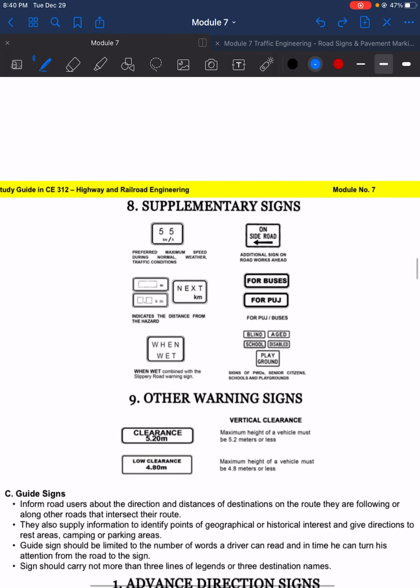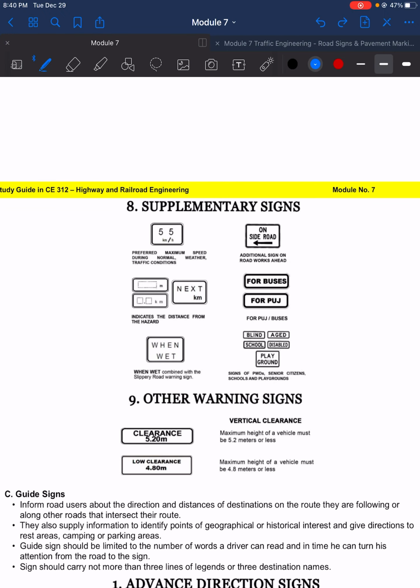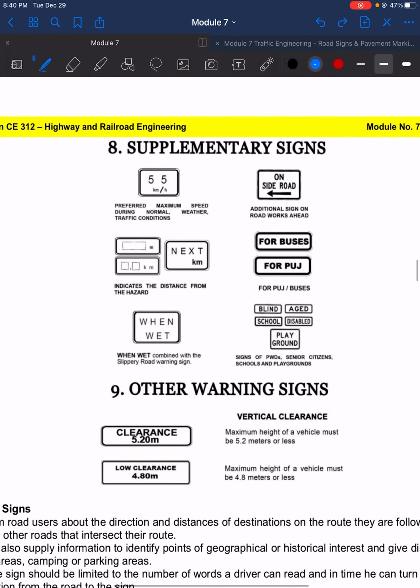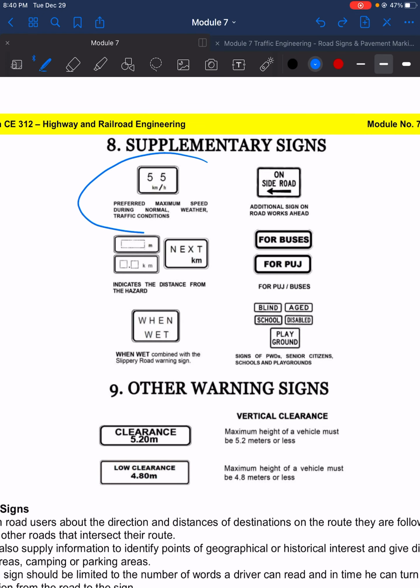Next, we have number 8, the supplementary signs. So here means preferred maximum speed during normal weather traffic conditions. On side road, additional sign on roadworks ahead. This indicates the distance from the hazard.